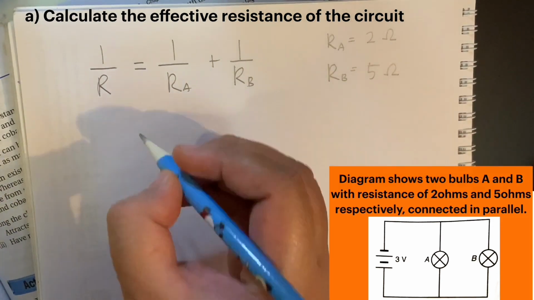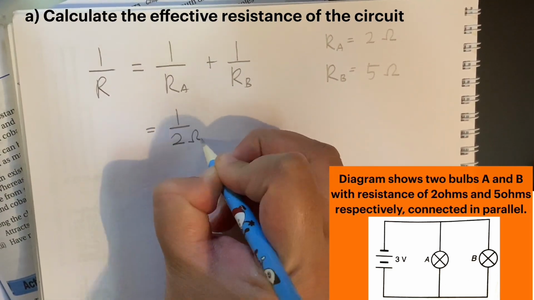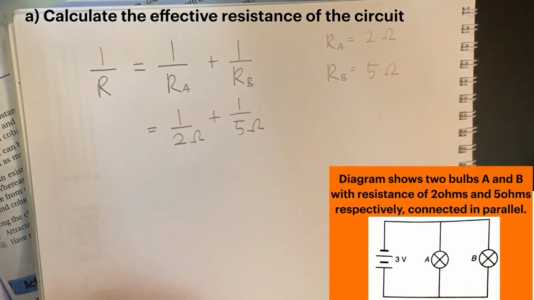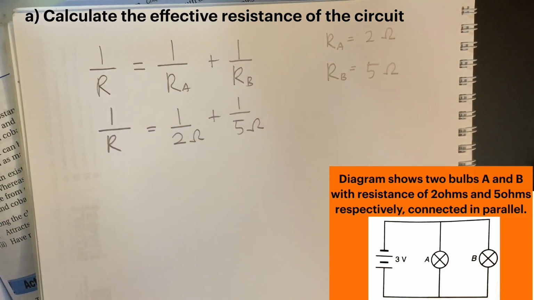Now we substitute the value: 1 over 2 ohms plus 1 over 5 ohms equal to 1 over effective resistance.